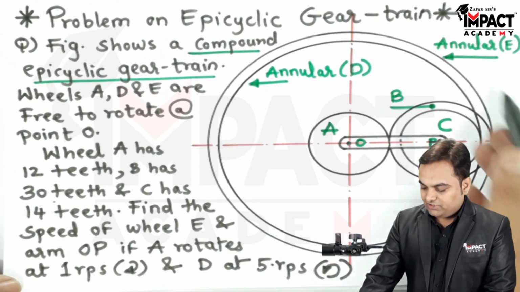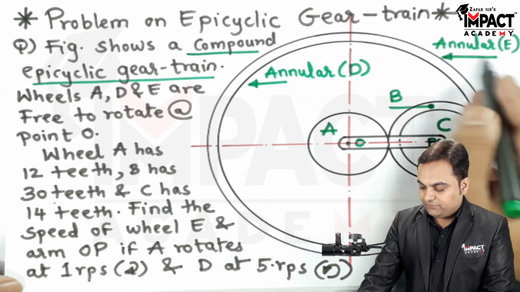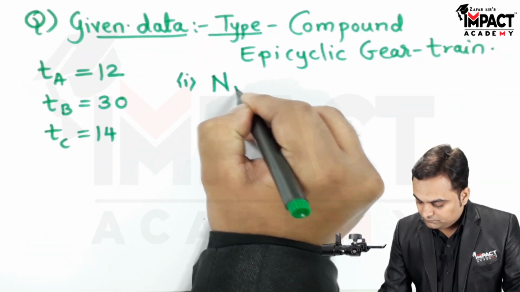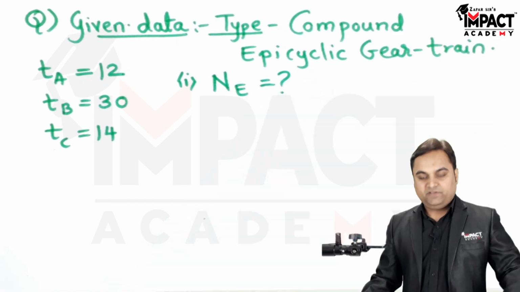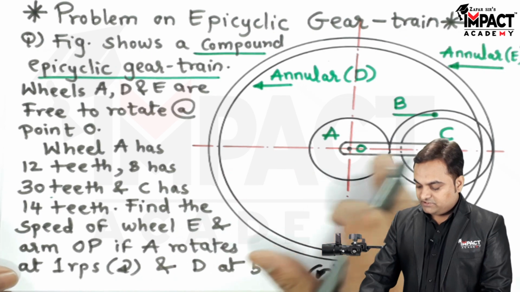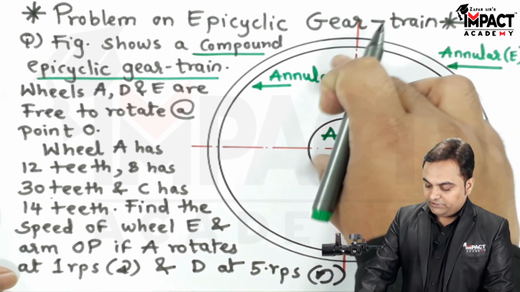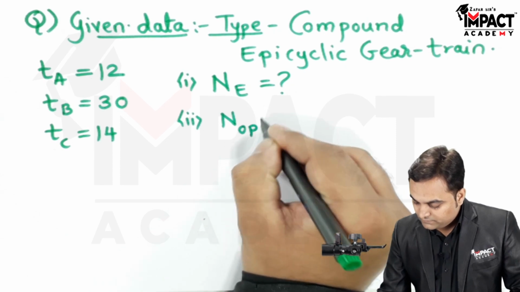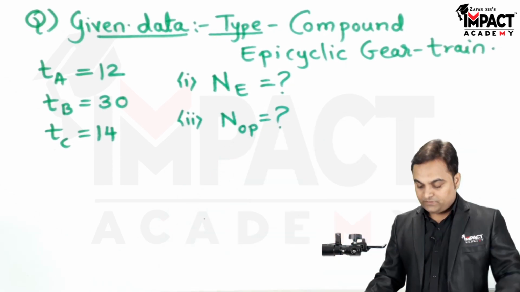It means here the question is we have to find the speed of this annular wheel E, denoted by N suffix E, and arm OP. So we have to also find the speed of this arm OP, which would be rotating, N suffix OP.